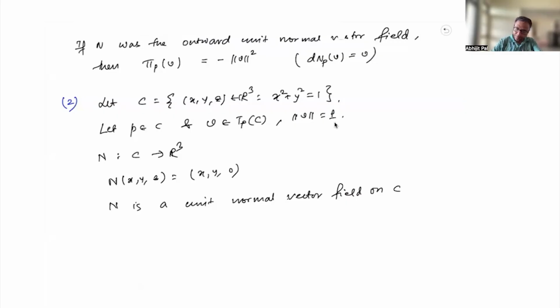Now let us take this vector B, which is in the tangent plane. Let us first take it to be parallel to Z axis. So this is my cylinder and I have this point P. So I'll have a tangent plane here.